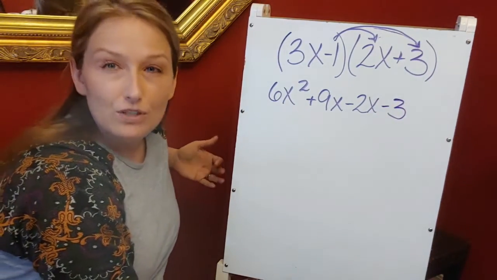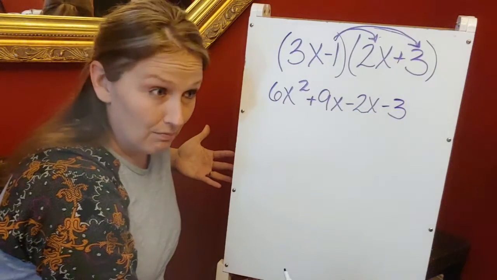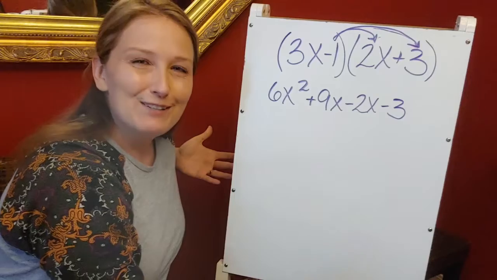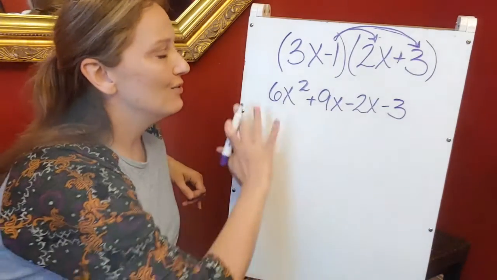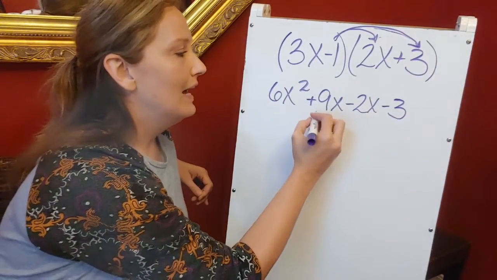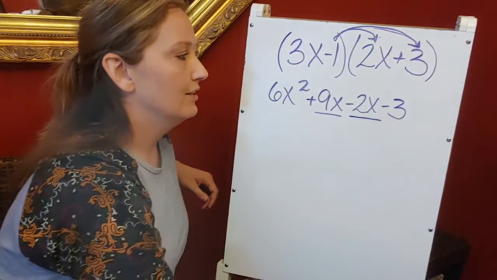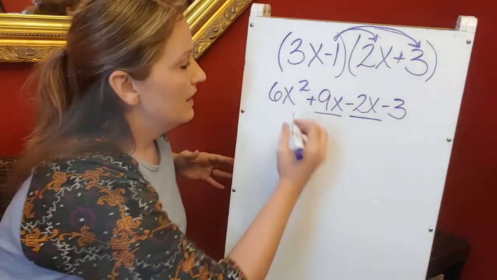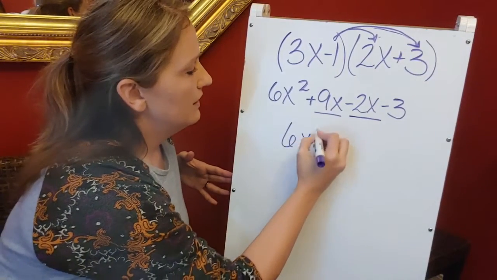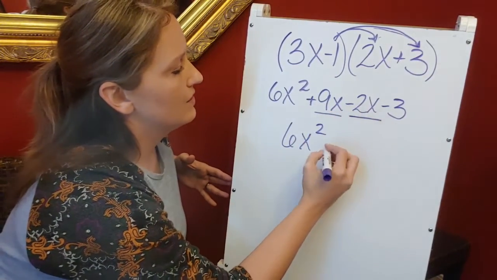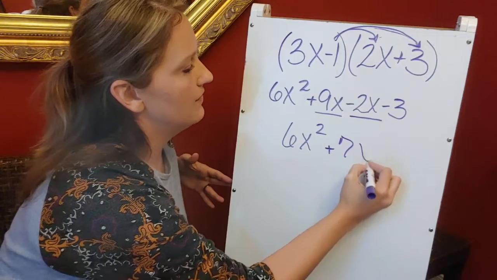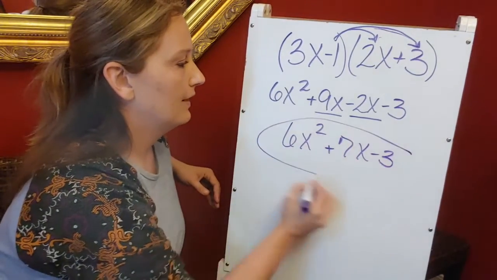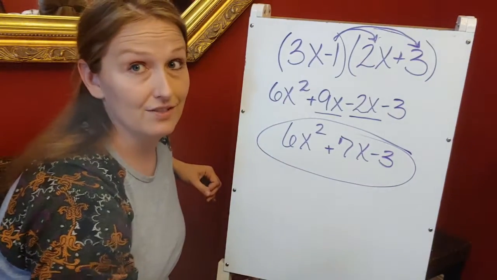Okay, so once you've distributed both of these numbers, hence the double, I'm going to combine some like terms. So in this new expression, I have 9x and a -2x, and those are the things that I can combine. So 6x squared and 9x minus 2x gives me a 7x minus 3. And that right there is your answer.